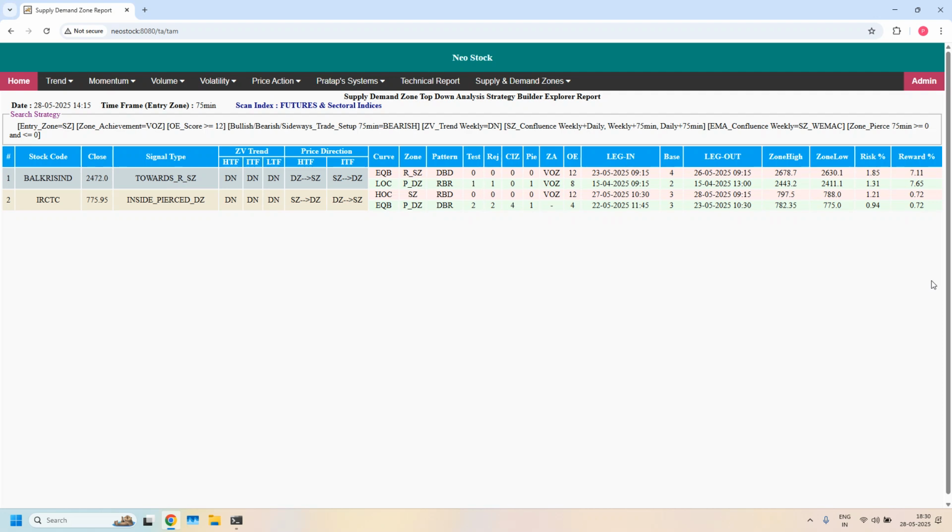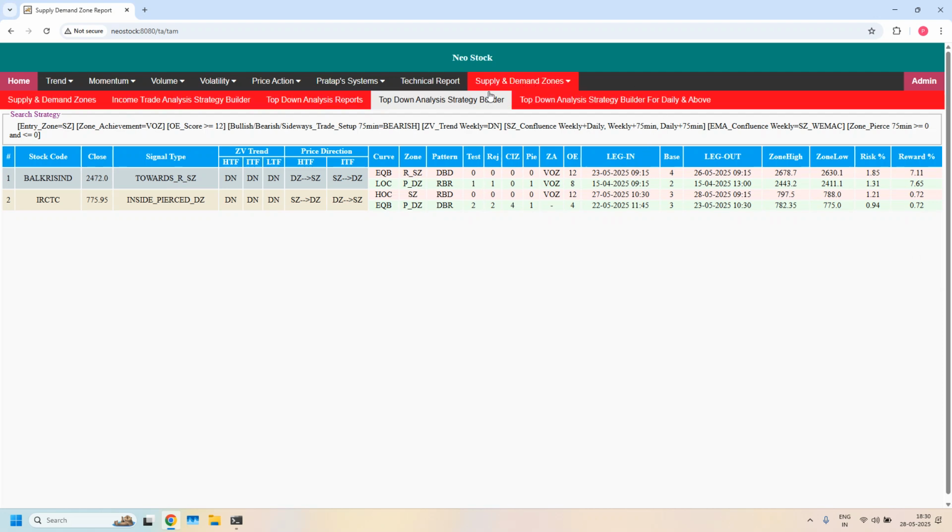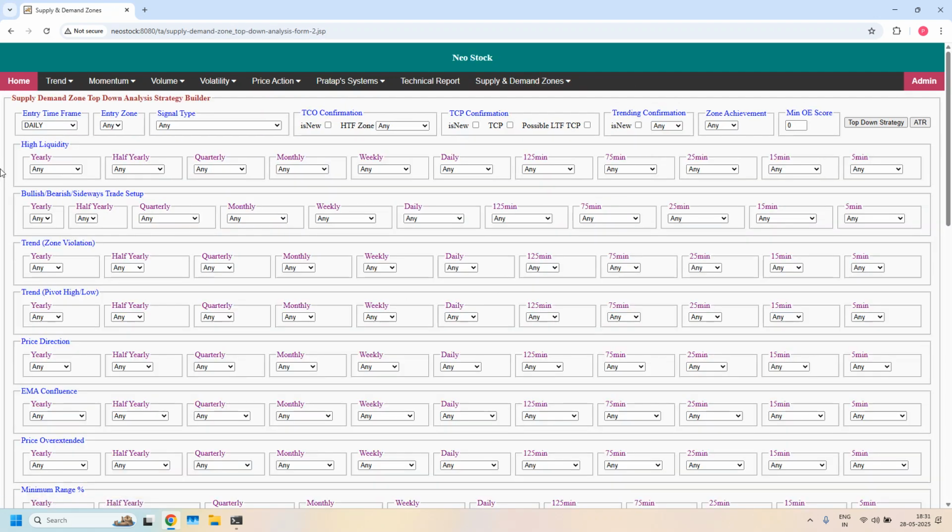Next we will generate daily income trade reports. Daily income trade sideways long trade setup. Entry time frame is 15 minutes. Entry zone demand zone. Bullish or bearish or sideways trade setup at 15 minutes. I am selecting sideways long. Zone achievement VOZ. Minimum order enhancer score 11 for sideways.